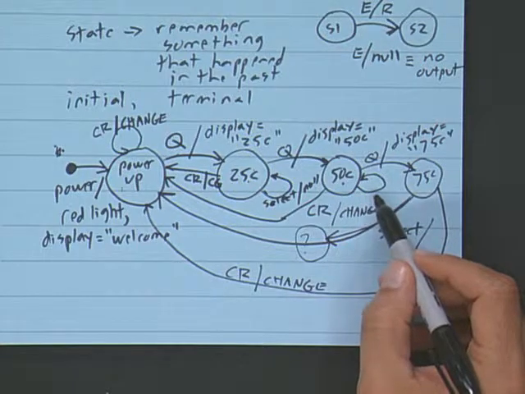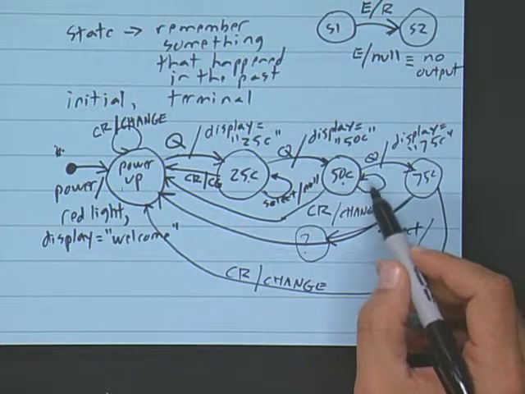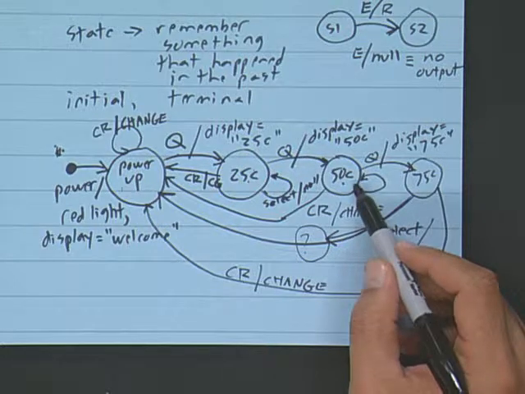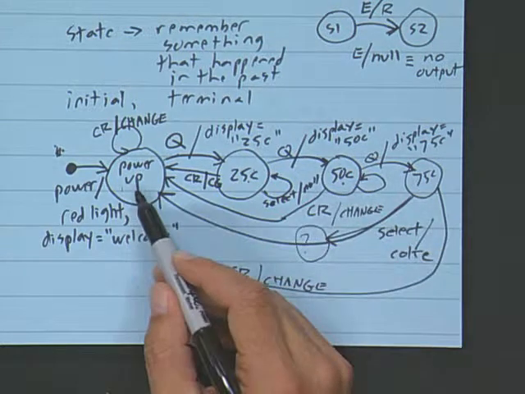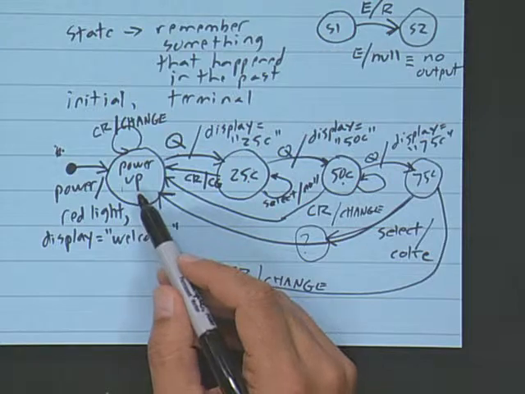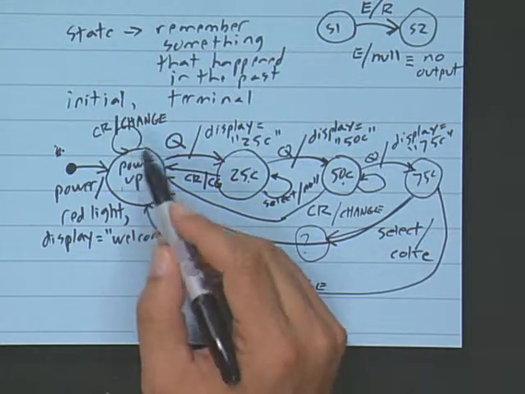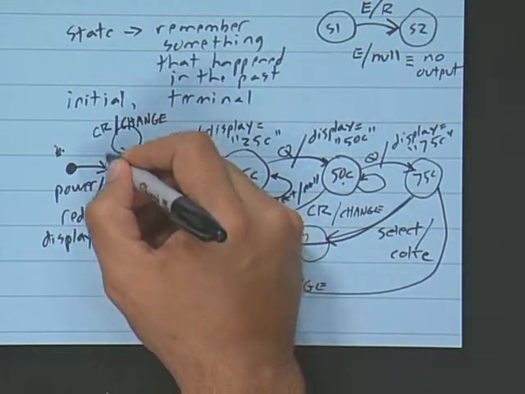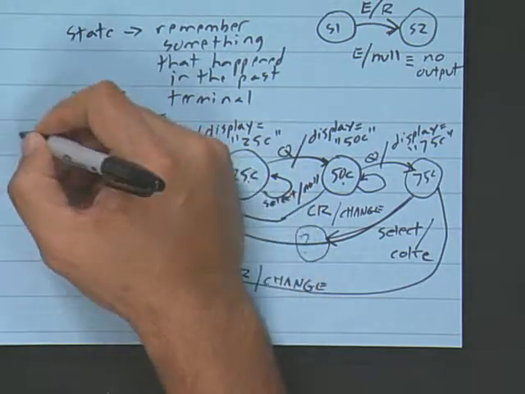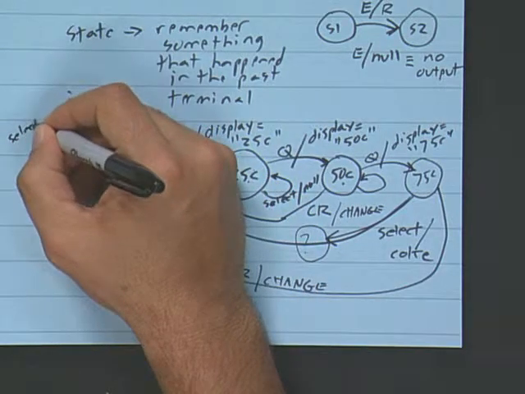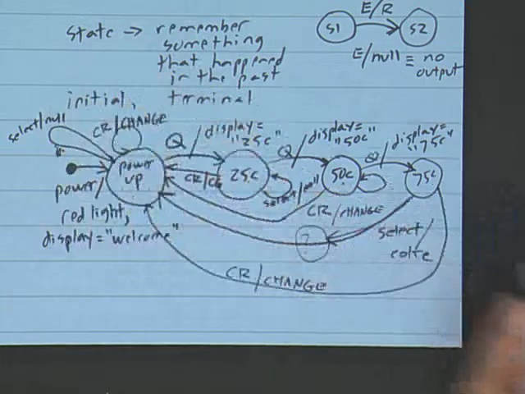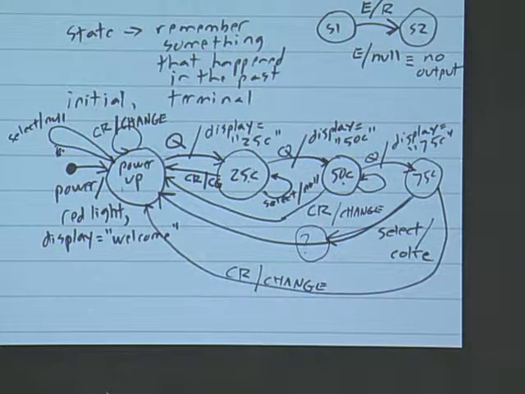I don't have enough room to write in here, but that is select/null, okay? What if I hit select here? Same thing, right? I ignore it, but I can have another thing out here, select, and I ignore it. See how complicated this is getting? Just to add all for completeness.